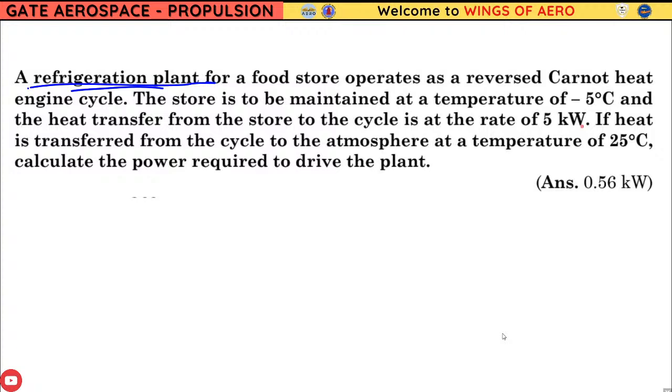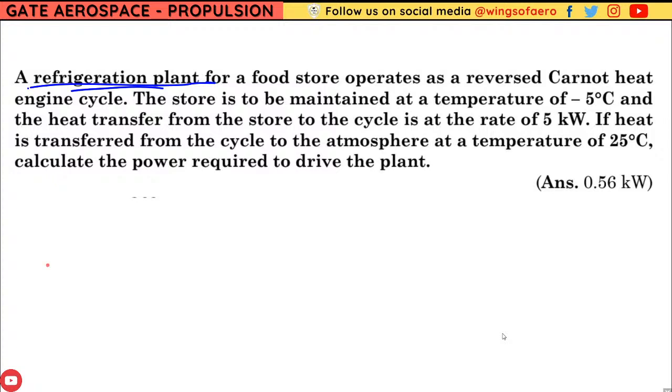If the heat is transferred from the cycle to the atmosphere at a temperature of 25 degrees Celsius, then calculate the power required to drive the plant.